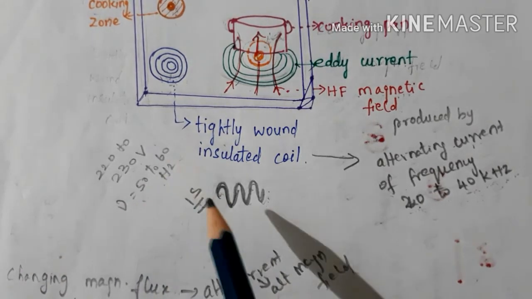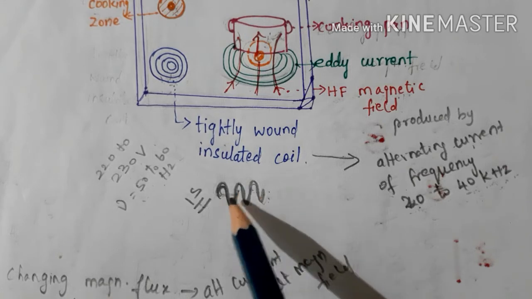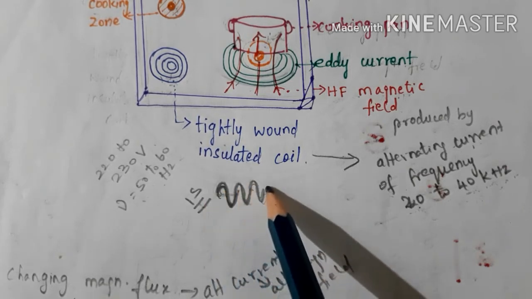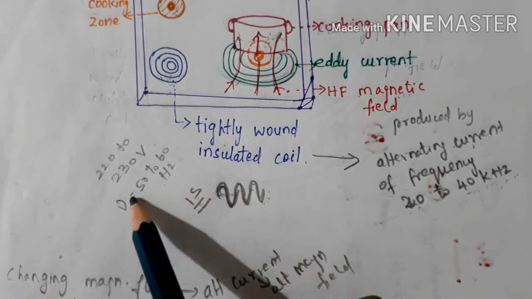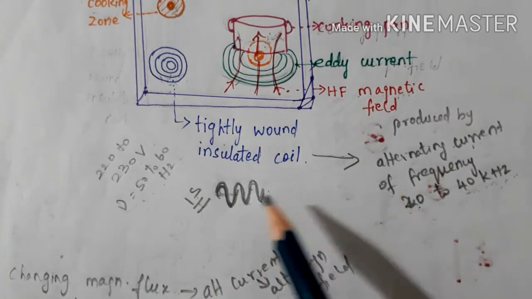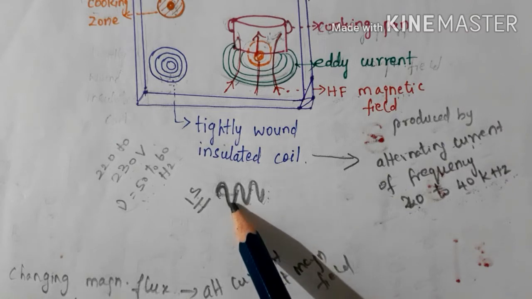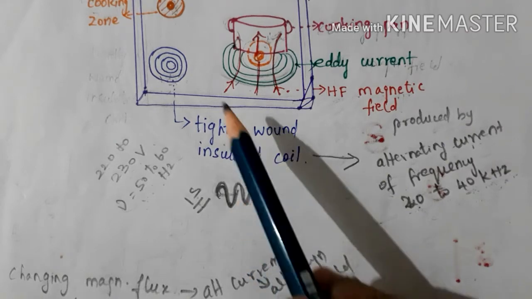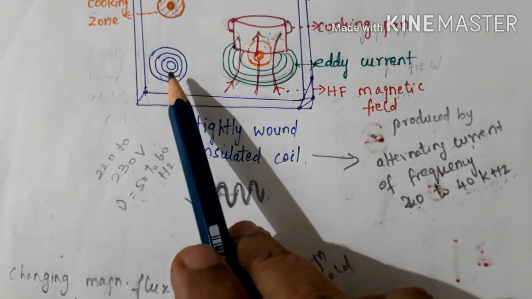What I mean is, if you consider this as one cycle, you can see in 1 second there will be 60 such alternating current cycles produced, that we call 60 hertz. Now 20,000 to 40,000 alternating current cycles should be produced for this application of the induction stove.